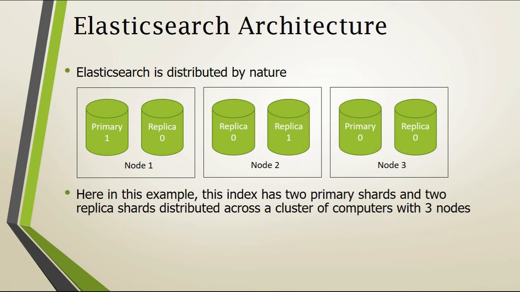Let's say node 1 goes down for some reason, but we don't have anything to worry about because there's a replica of node 1's shard 1 in node 2. So that replica shard will automatically become the primary shard in case of a node failure.